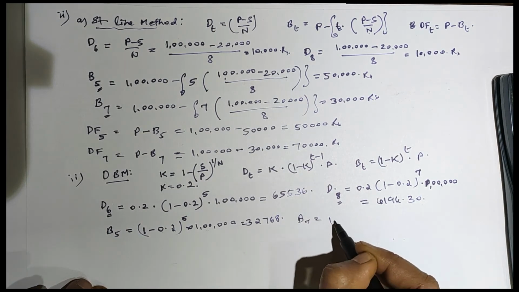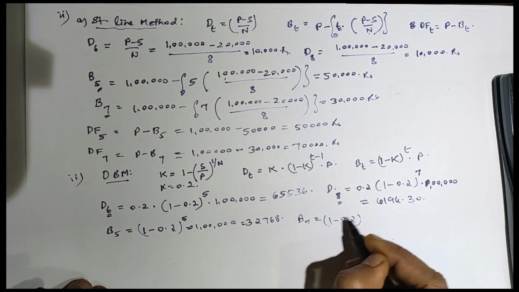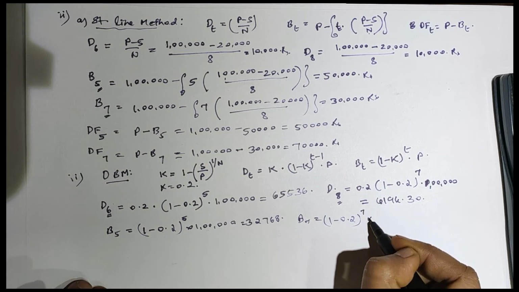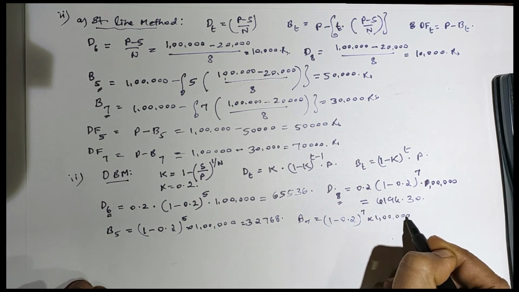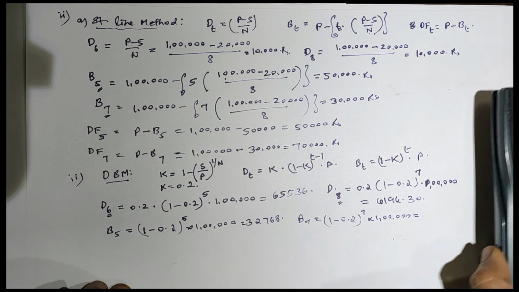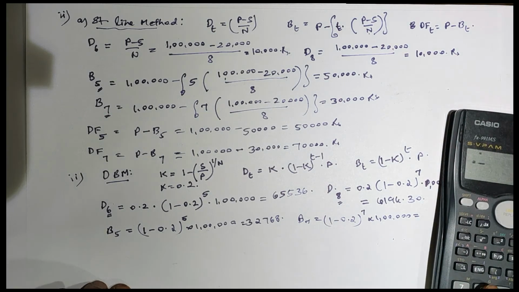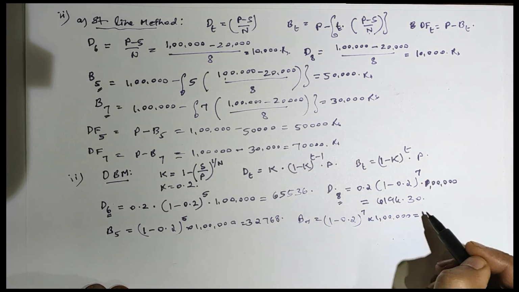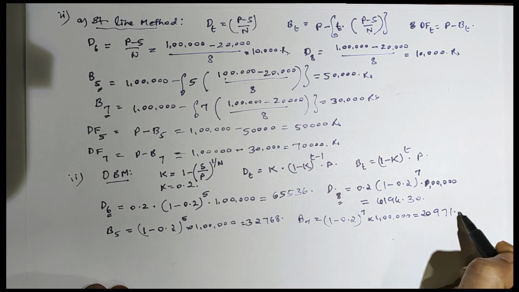B7 equals (1 minus 0.2) raised to the power 7 into 1 lakh. So it comes to 0.8 raised to the power 7 into 1 lakh, which is 20,971.52.